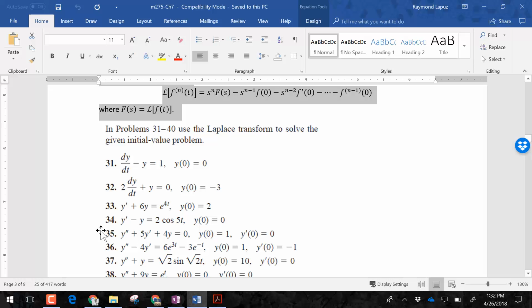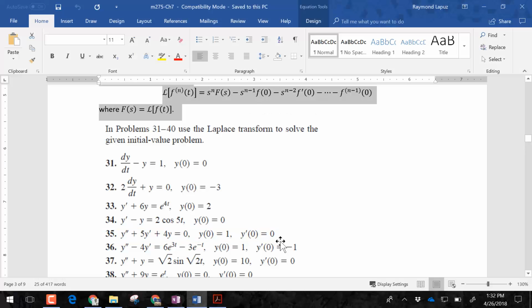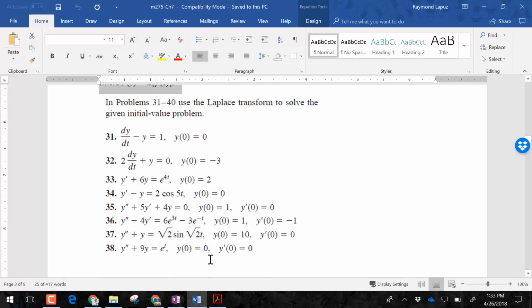All of them you can do without Laplace, in theory. I mean, by the time you get out of this class, you can do all these without Laplace, right? The first one is just a first order differential equation.